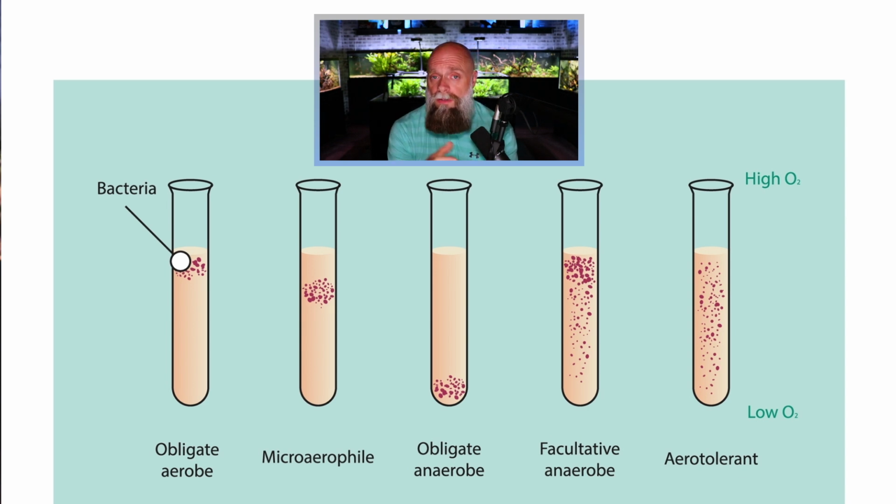Now, one of the reasons why this is so important is because certain microbes have enzymes that detoxify oxygen radicals, so an oxygen that has an extra electron. And believe it or not, when an organism is in the presence of oxygen, oxygen can actually become dangerous. It can become dangerous for us too, but we have ways to detoxify when oxygen becomes dangerous inside of a cell, as do microbes, certainly that are obligate aerobes. But these microaerophiles, they lack these enzymes.